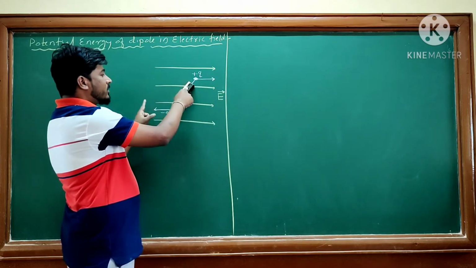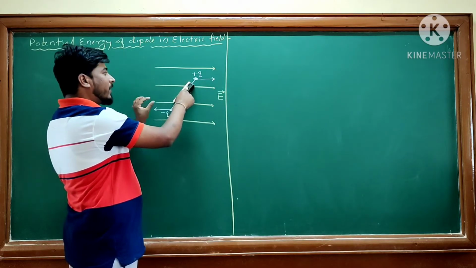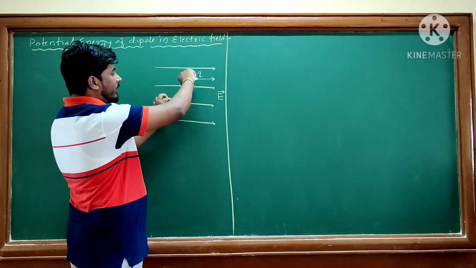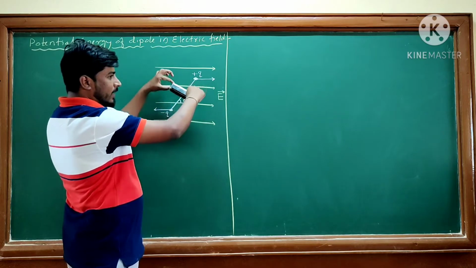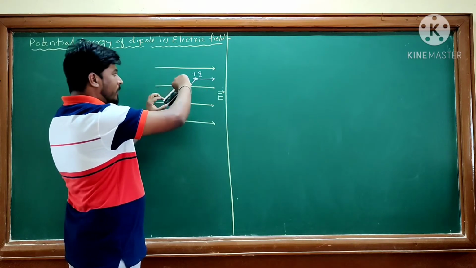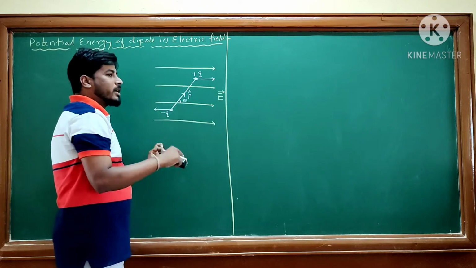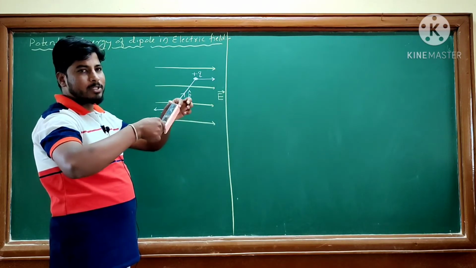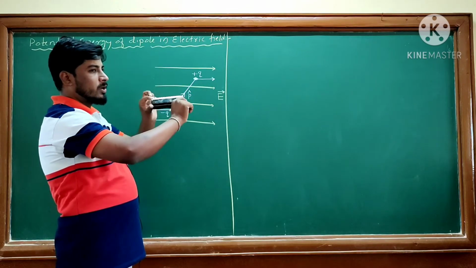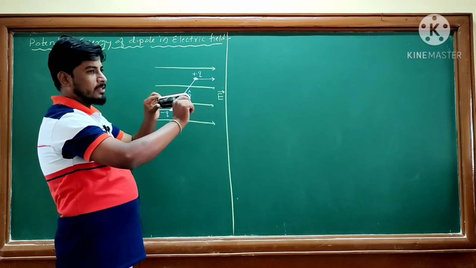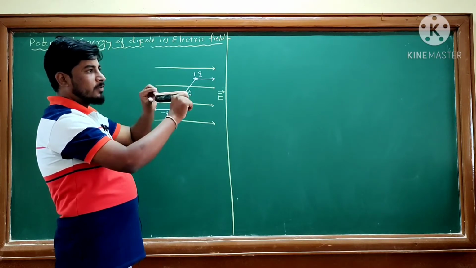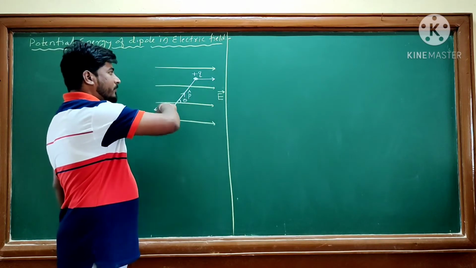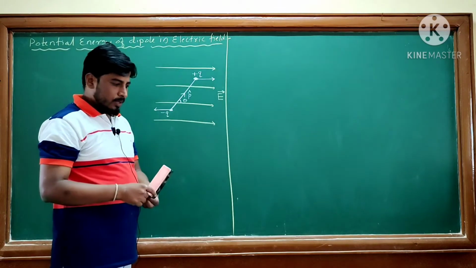The negative charge experiences force opposite to the direction of the electric field. So it will tend to rotate like this. Because of the nature of the charges, it will take rotatory motion. They are equal in magnitude and opposite in direction, so it takes the clockwise direction.